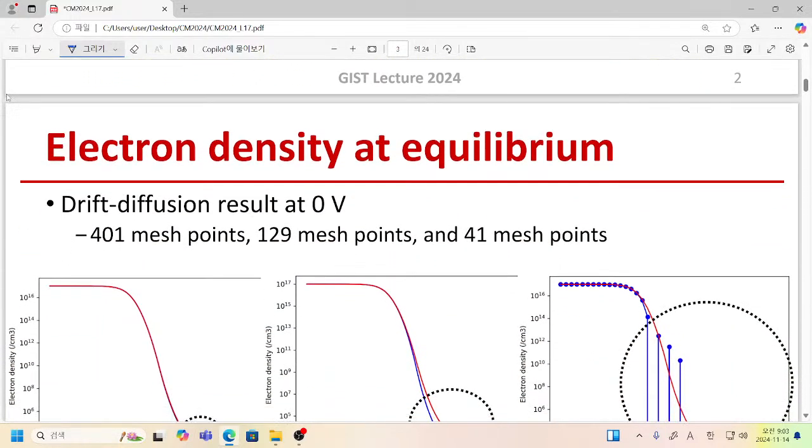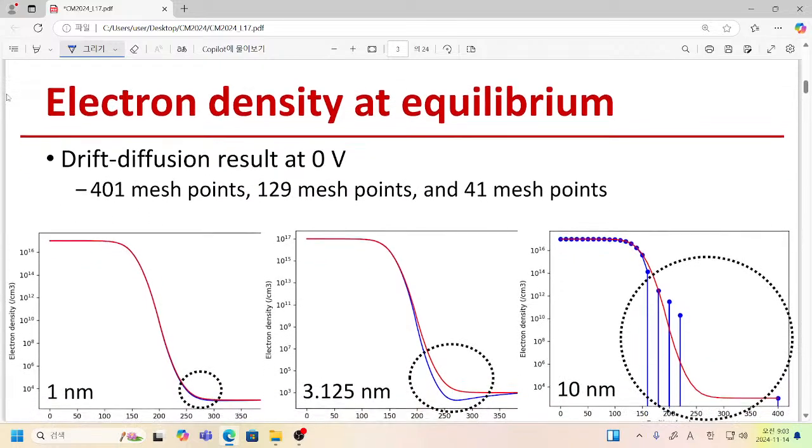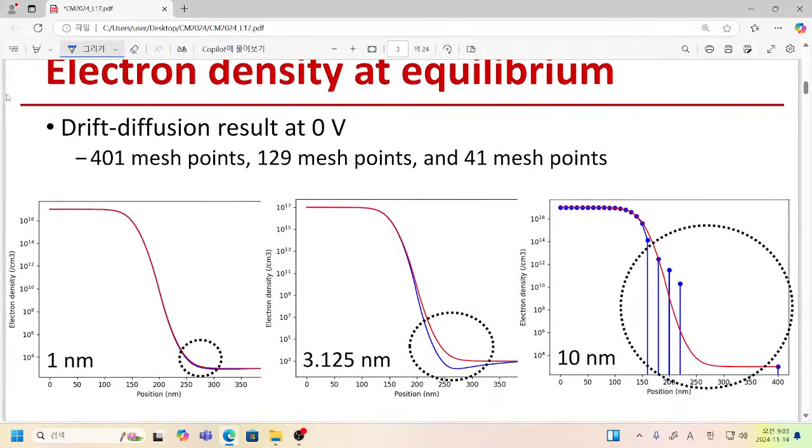At the time I suggested you use about 400 mesh points with 1 nanometer spacing. That was the recommended setting for your device structure. So now you have a sufficiently dense grid, and that was the result shown here.